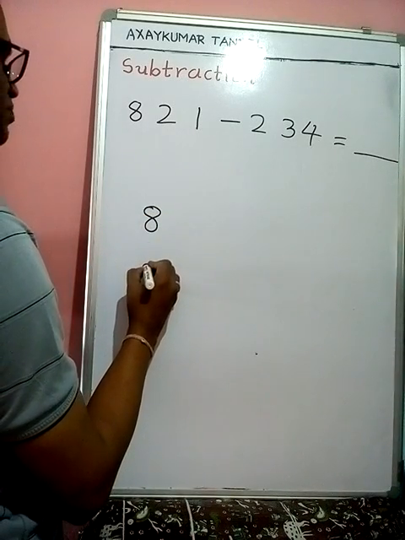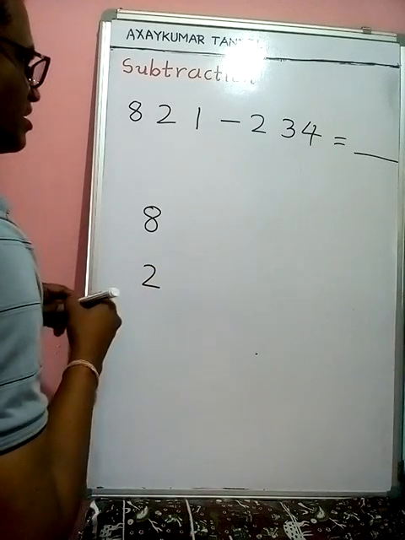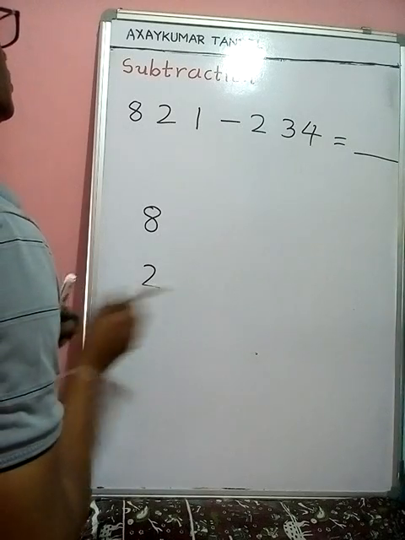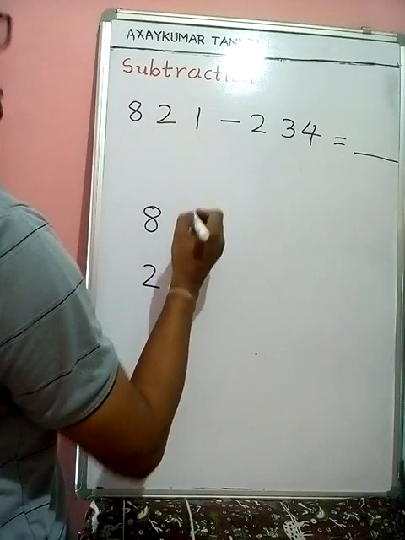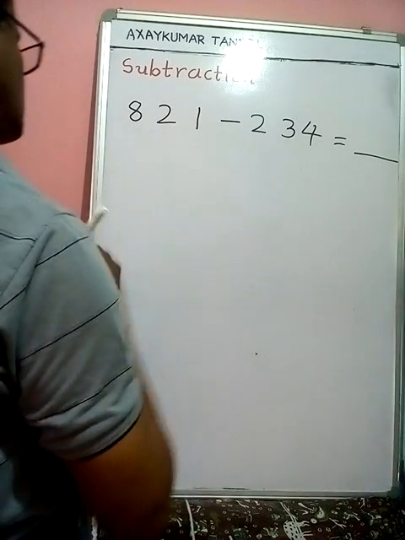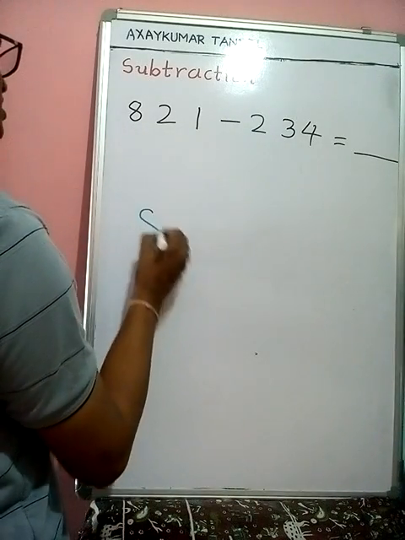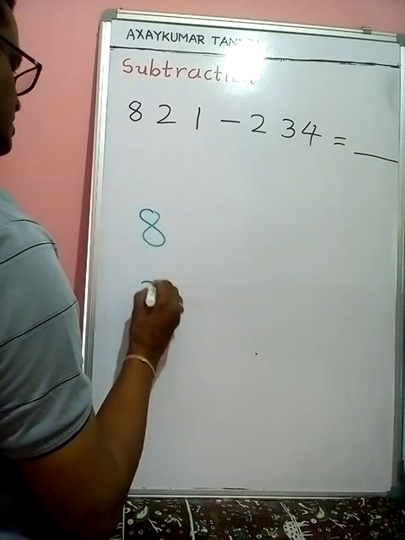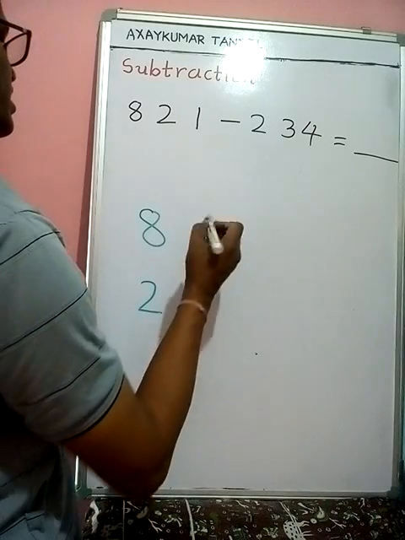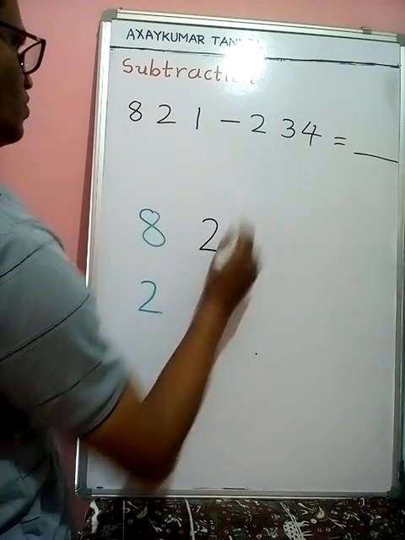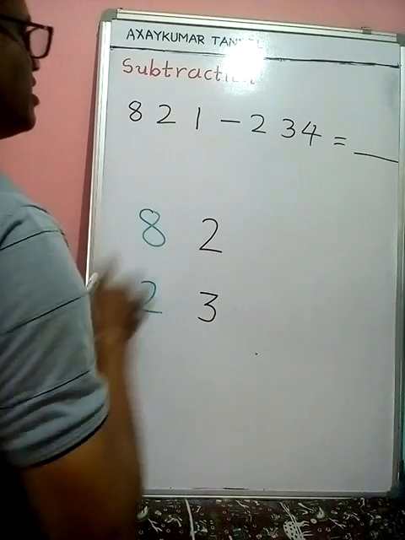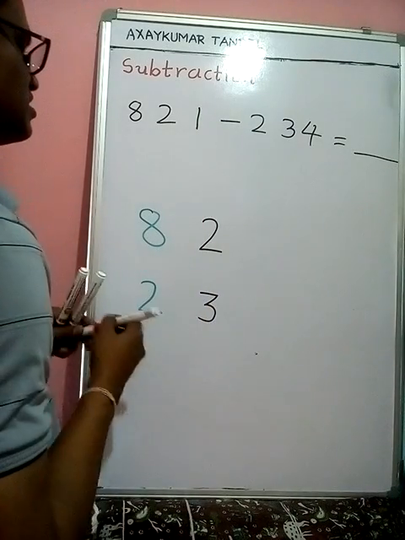8 hundreds number with black color, 2 tens number, each hundreds number with green color, 200 with green, 2 tens, 2 here, 3 with black color, and 1 ones with red color.